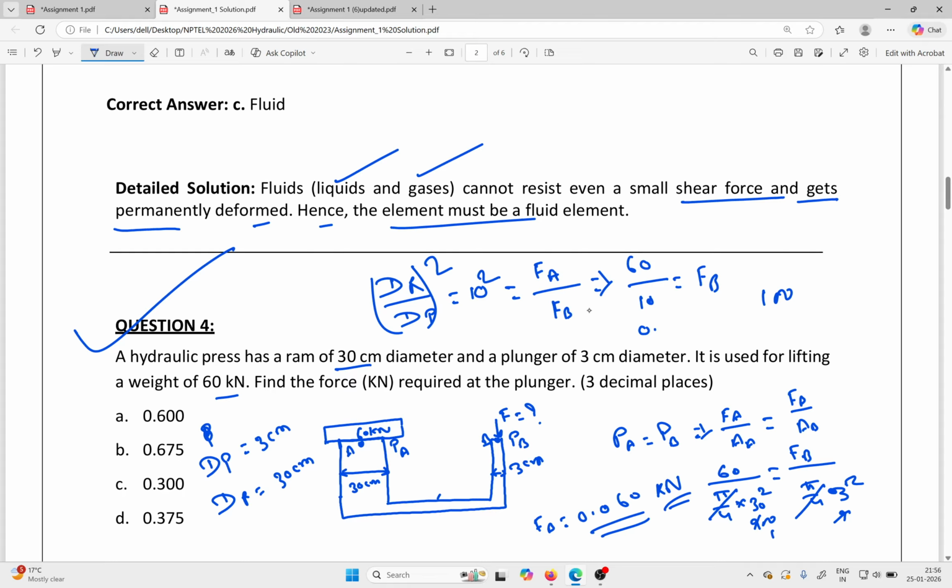Means the 10 square, so again 10 and FB. So FB is equal to 0.060. Means here you can say very easily the RAM and DP ratio square is your FR divided by FB, that is plunger, FP.